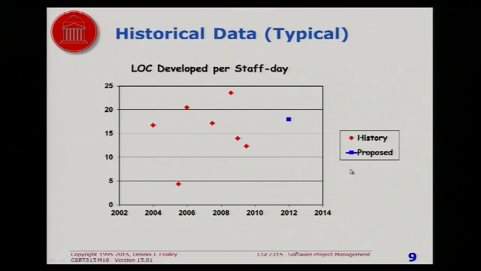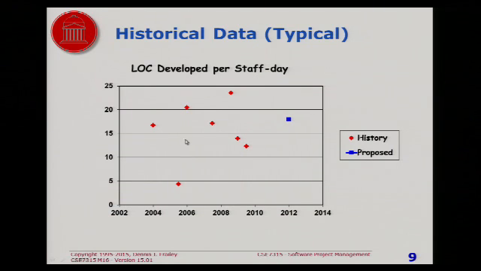This is typically where you get your historical data. Each red dot represents a previous project similar to the one you're doing. And most organizations, when they collect the data, they find a pattern somewhat like this. You notice that this project here got 24 lines of code per staff day. This one here only got 4.5.